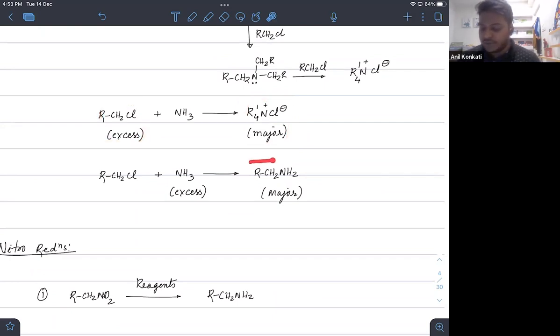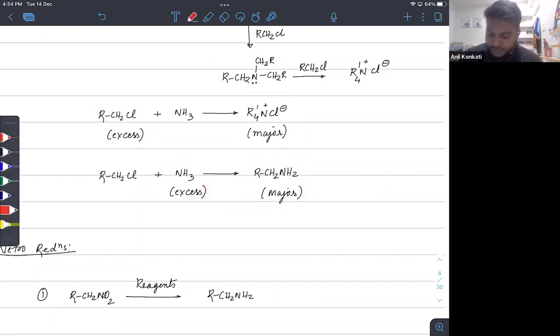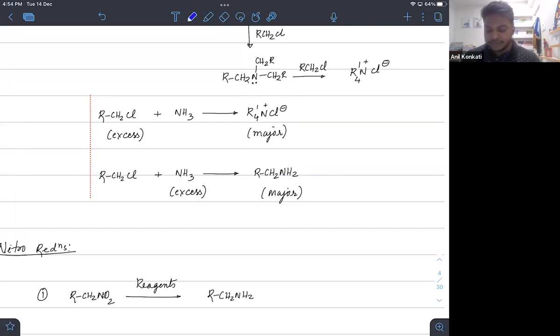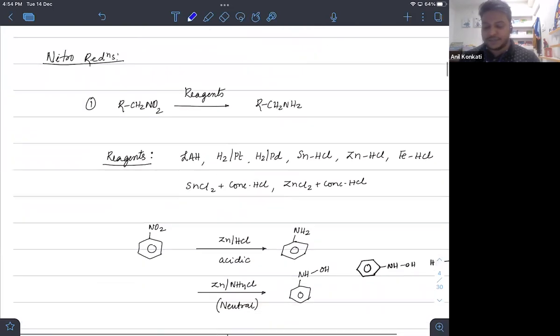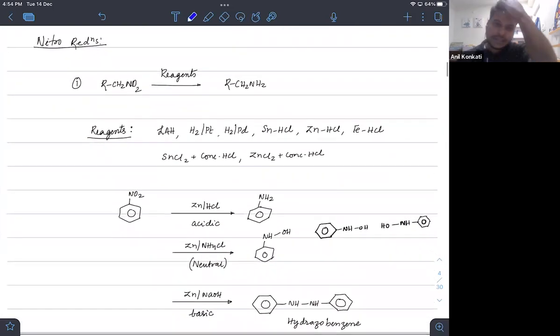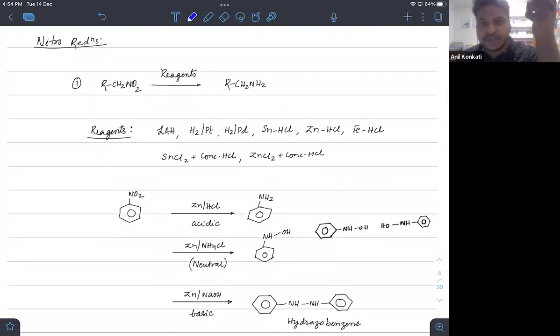And if you want 1 degree as major, then you take ammonia in excess. Again, this is a simple objective type question asked in JEE Mains. So learn it: on which excess, what will be the major product? Clear? So I hope all of you got that. That is ammonolysis.